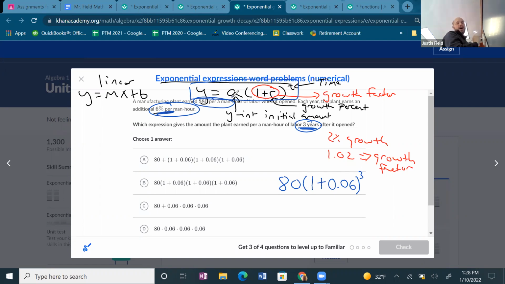We put our growth percent in for r. It's going to be given as a percent. You need to move that decimal over 2 spaces, make it into a decimal, and then the time goes in for your exponent. All right, so when I look at the choices here, I don't exactly see this, but I do know exponents means multiply the same thing 3 times. So that would be this right here, right? Let's try it out.